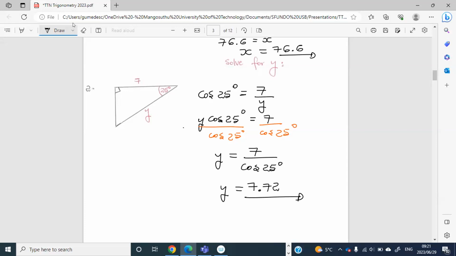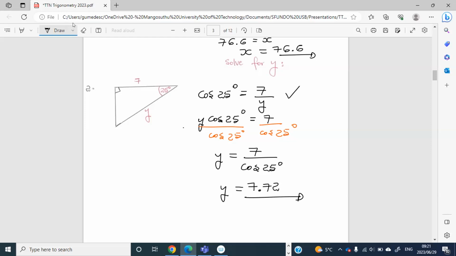So again, to recap what we did, our angle is 25 degrees, and 7 is adjacent to that angle, and y is opposite to 90 degrees. So it means we've got adjacent over hypotenuse, so that means it's cos of an angle. That is what we have here.